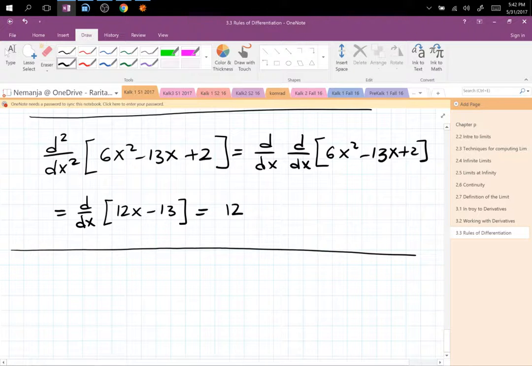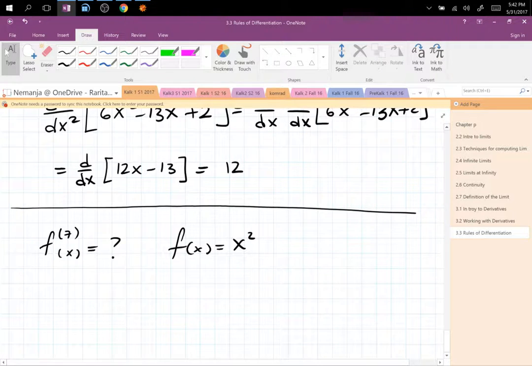What is the seventh derivative of x squared? Zero. Because the first derivative is 2x, the second derivative is 2, derivative of 2 as a third derivative is 0, and every subsequent derivative after that is going to be 0.